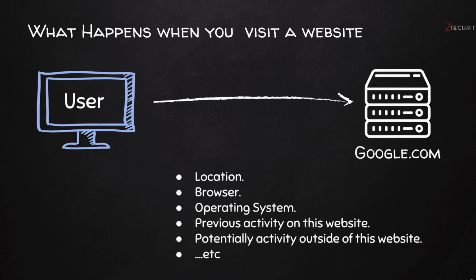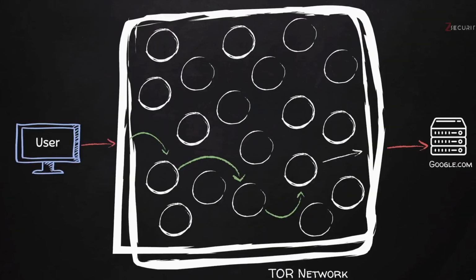So, what's the solution? Well, Tor is actually a pretty good solution to prevent this. When you connect to Tor, you can imagine Tor being this really big network, and it has a large number of servers. So, each circle in here is literally a server in the Tor network.